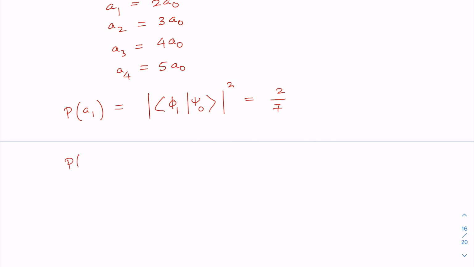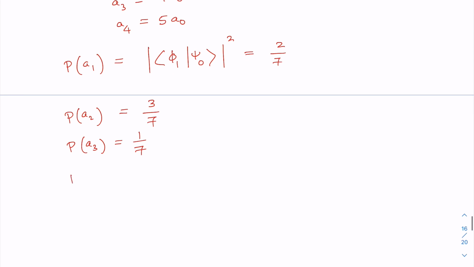Similarly, the probability of getting the value A2 would be 3 by 7, the probability of getting A3 would be 1 by 7, and the probability of getting A4 would be 1 by 7.